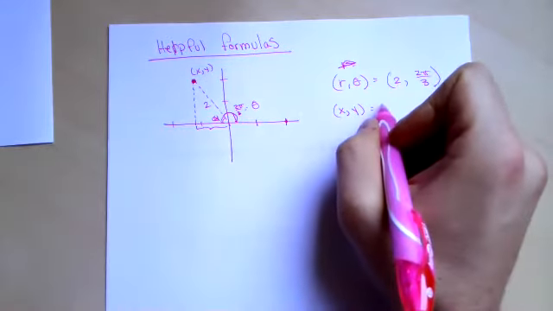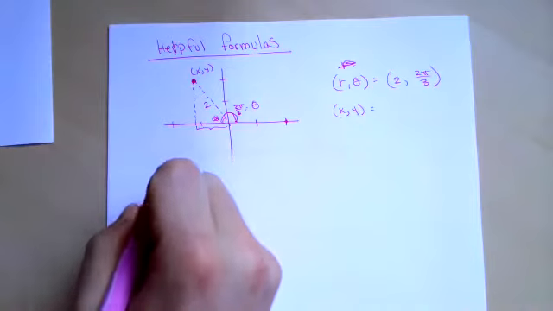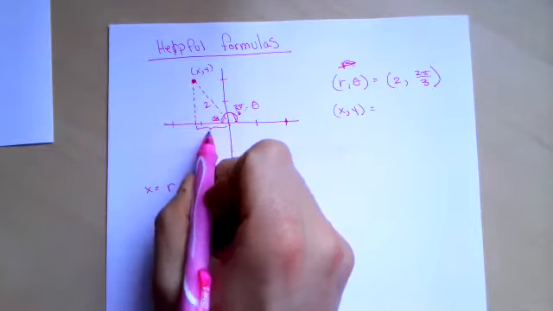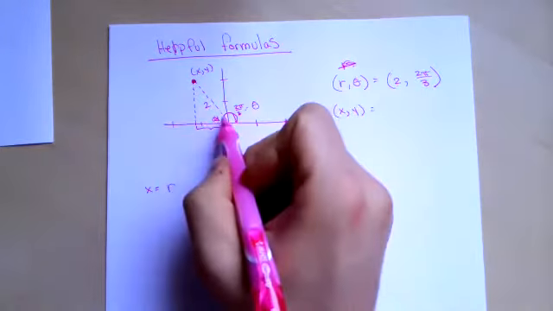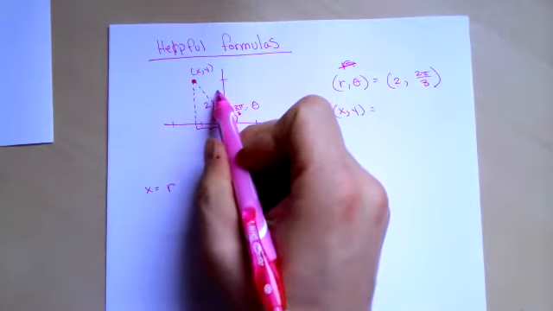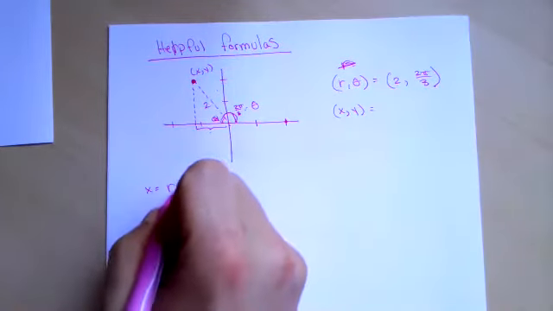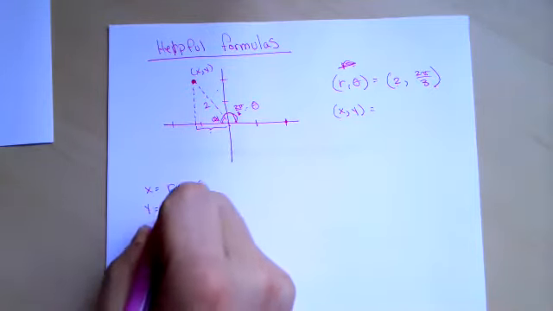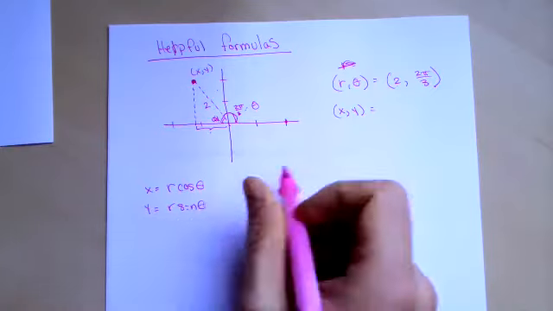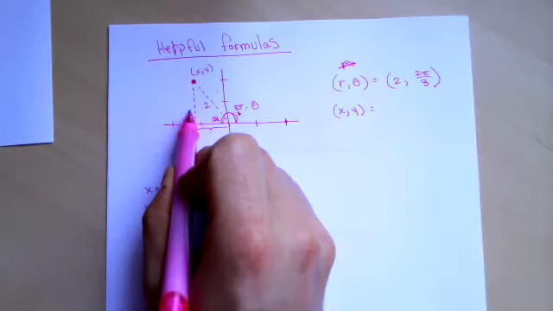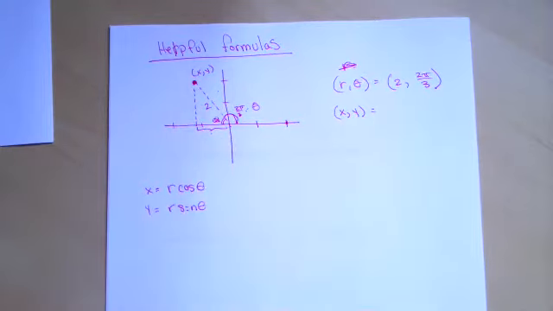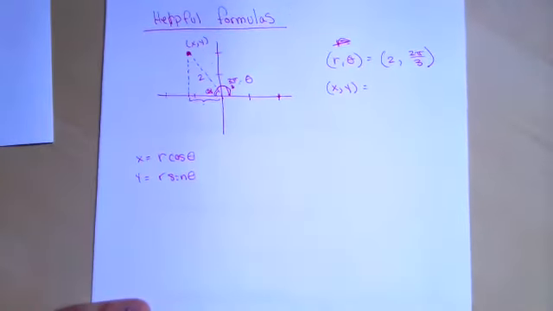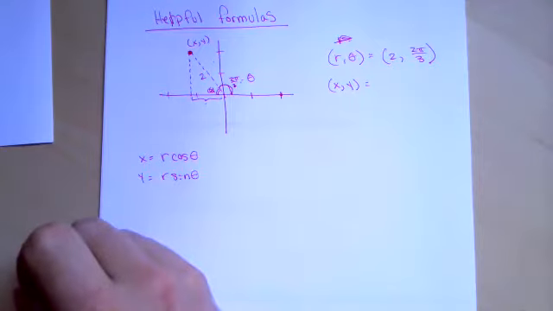My x value is just going to be r times, what trig function do we want to use? Cosine, right? Cosine of theta gives me my x over r. So x is going to be r cosine theta. Likewise, my y, r sine theta. Sine of theta gives me y over r. So all we got to do is remember all of our trig, our special triangles, our unit circle, and then we can compute our x and y values.